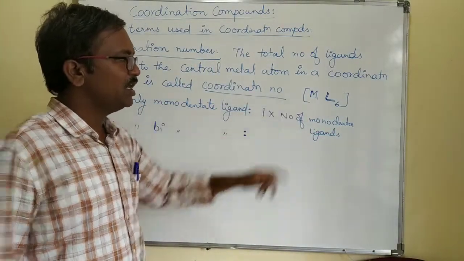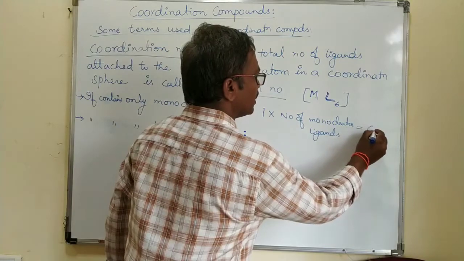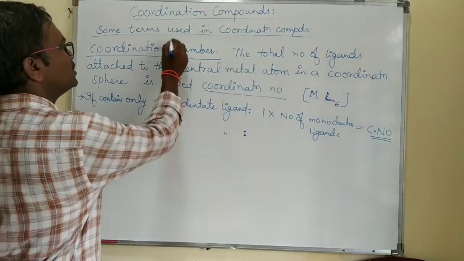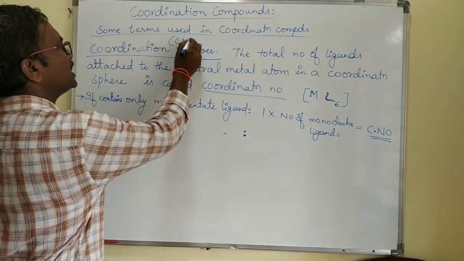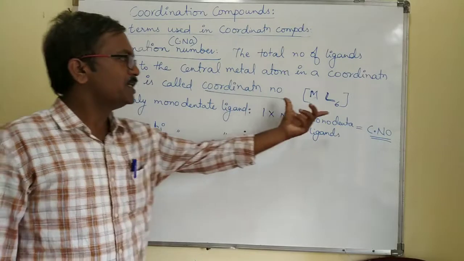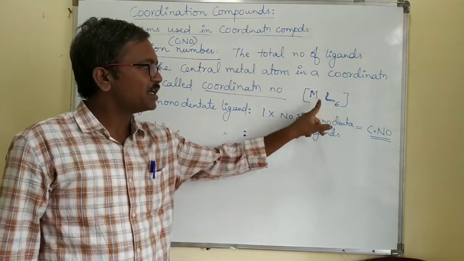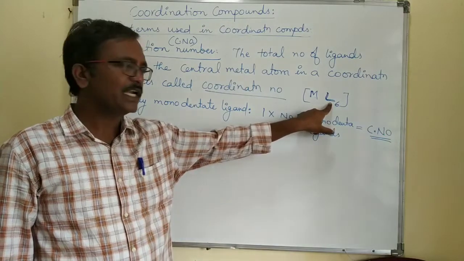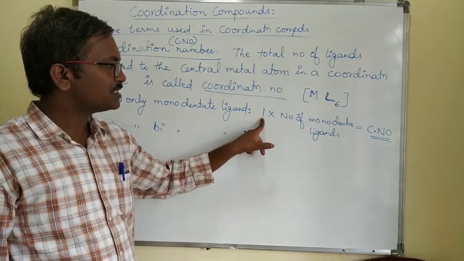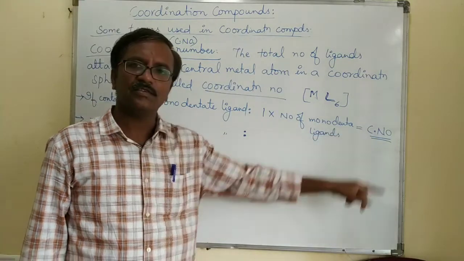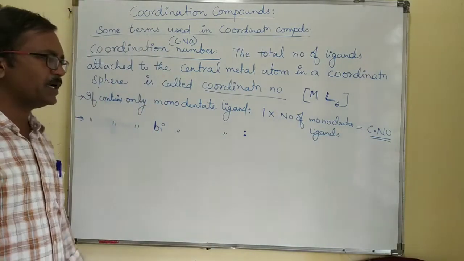I am writing coordination number as CNO. If the ligands are only monodentate, the coordination number is 1 into the number of monodentate ligands. You will understand by taking an example.